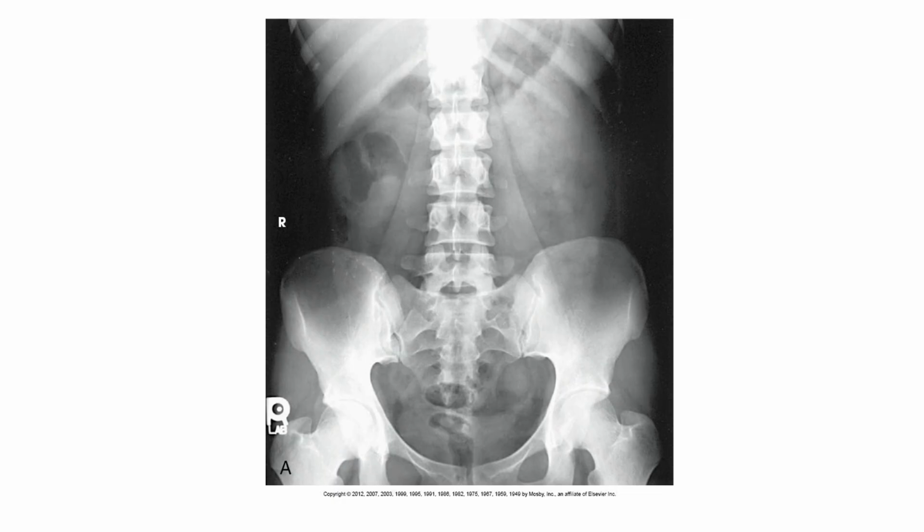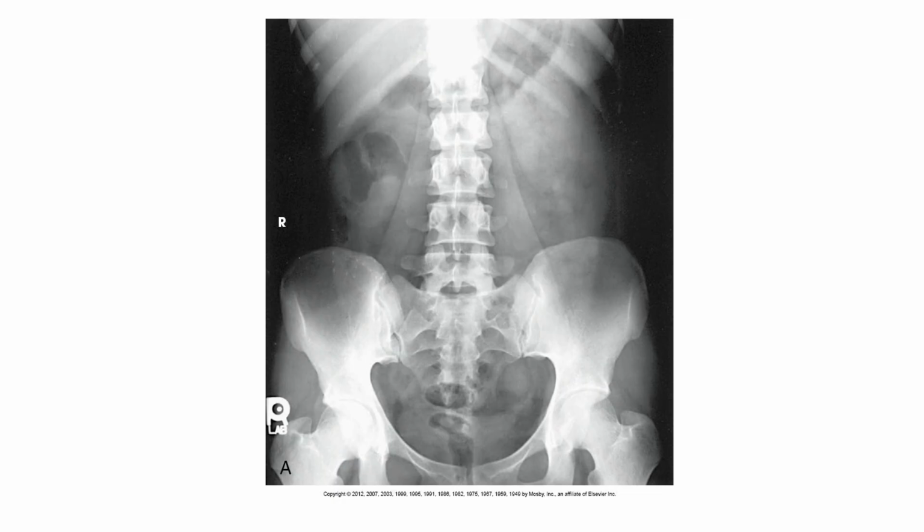Now on the right side, in between the lower border of the liver and the psoas muscle border, you should see a bean shape. If you can't make it out, the kidneys are probably the hardest thing to make out on a KUB. It takes a real learned eye. You have to practice looking for it, so to speak.